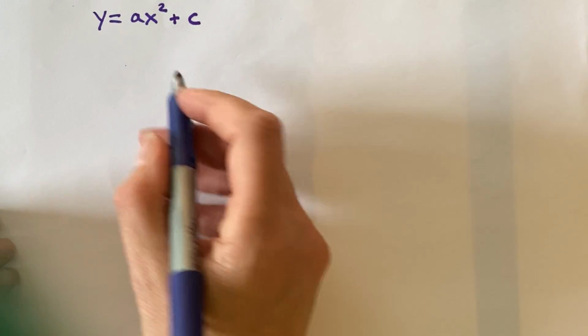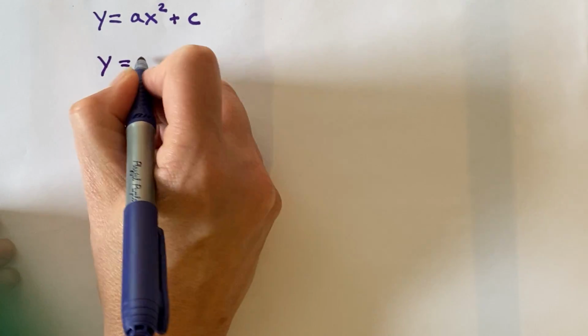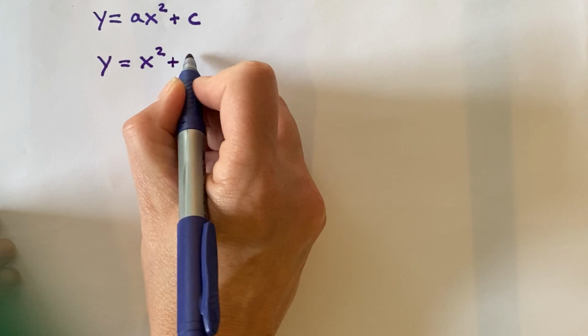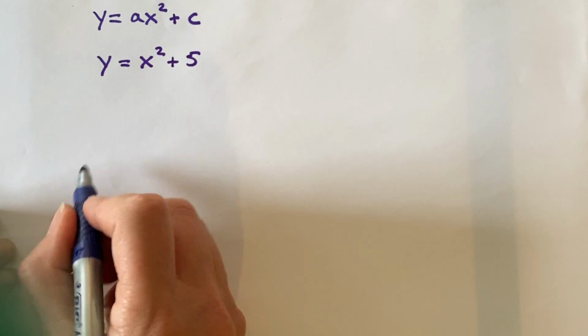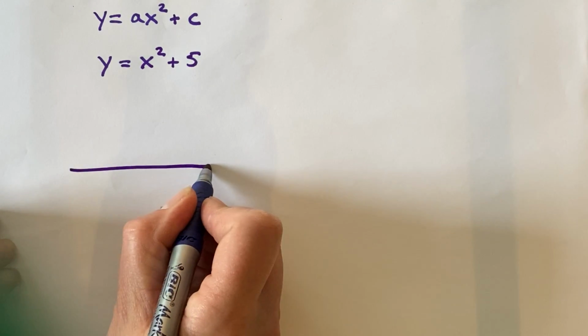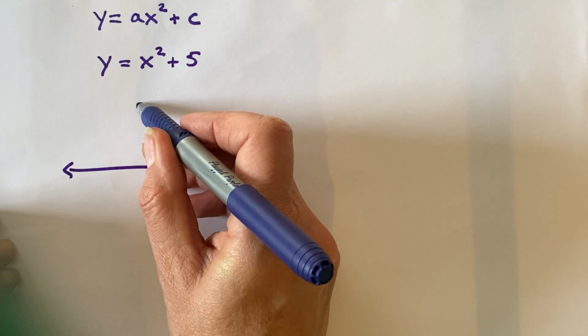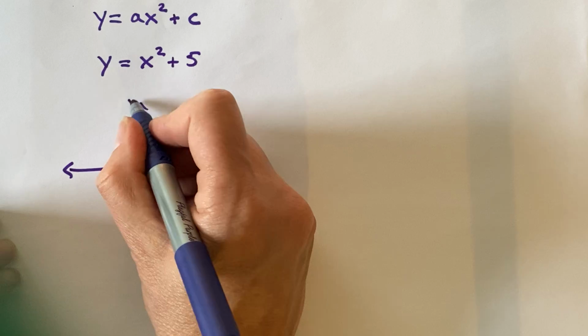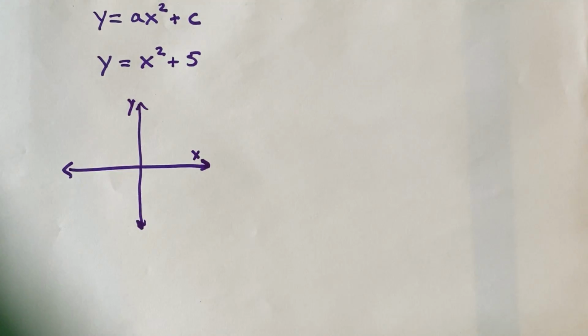I'm just going to do y equals x squared. If you remember, that's my parent function, and I'm going to add 5 and then see what happens. So to do that, I'm going to redraw my parent function. And here's my parent function. I'm going to draw it in red.